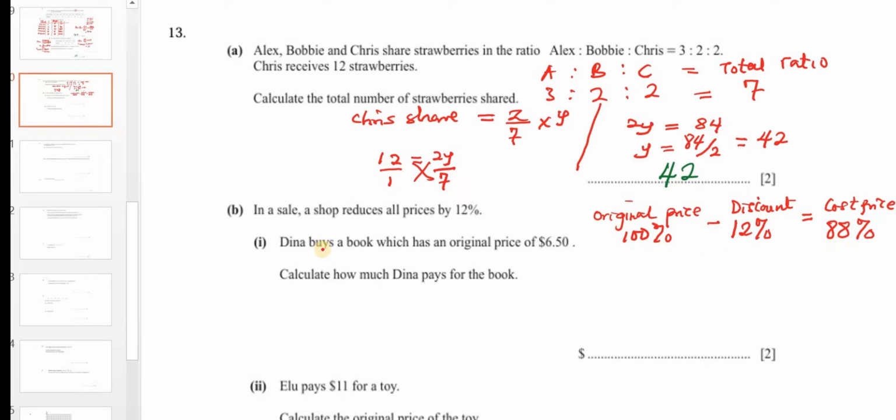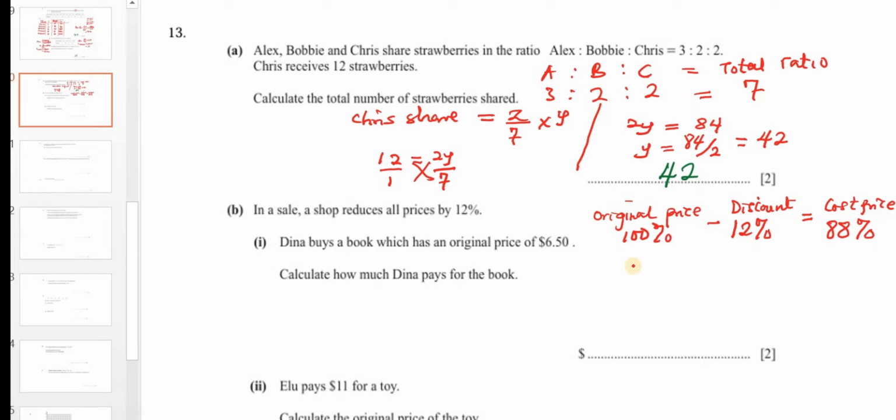So if Dina buys a book which has an original price of 6.5, we have to calculate how much Dina pays for the book, that is the cost price.